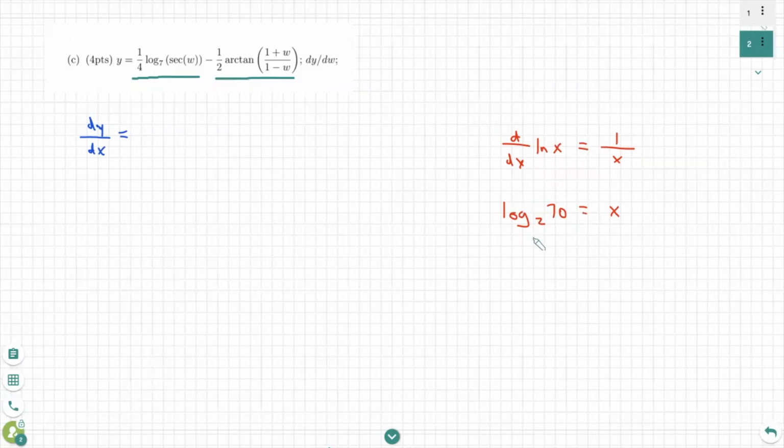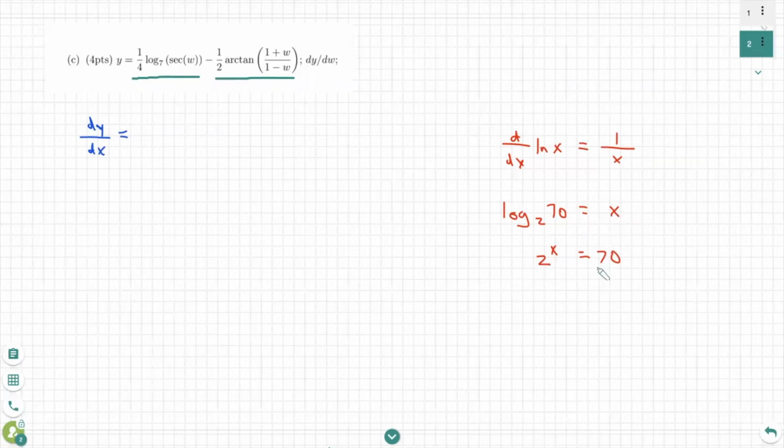They only give you ln or the standard log base 10. So you can write this in exponential form, right? We're trying to figure out 2 to the x is equal to 70. Does that make sense? Yeah, that makes sense. We're trying to solve for x.